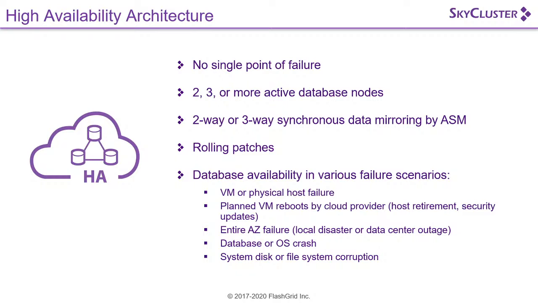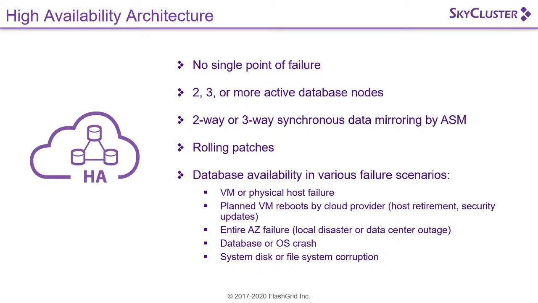Now let's talk a little bit about the HA architecture. So there is no single point of failure, like I already mentioned. Also, there are 2, 3, or more database nodes that can be used in parallel.